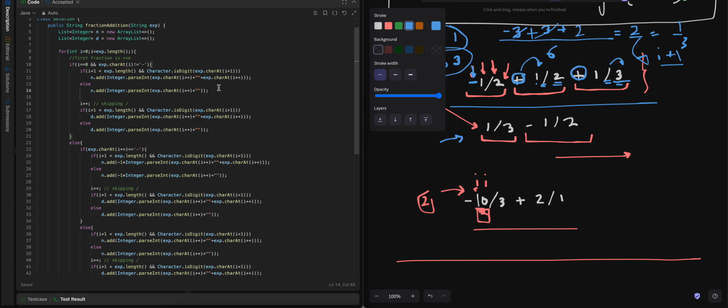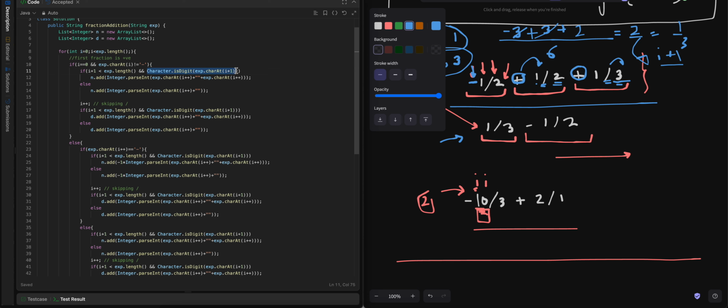And if that's not the case, then we have to add two characters, both at current i and i plus 1, because both of them will contribute to the two-digit value. Let's say 10 comes; in that case we'll first check the digit 1, and the character following it, that it is 0.